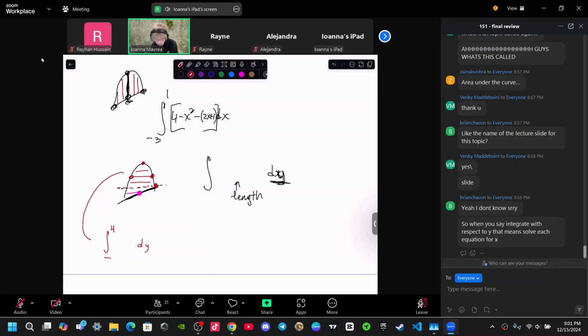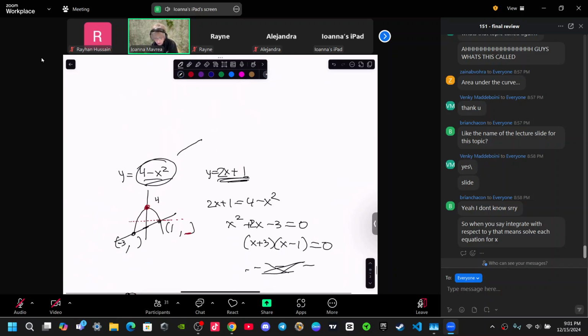And what are you subtracting? The x you find in the length. You're subtracting the x's. The large x, subtract the small x. The large x is the one on the right, the small x is the one on the left. Both of those x's are on the parabola. So you need to take the equation of this parabola and solve for x.